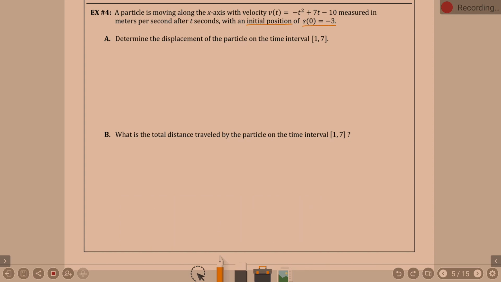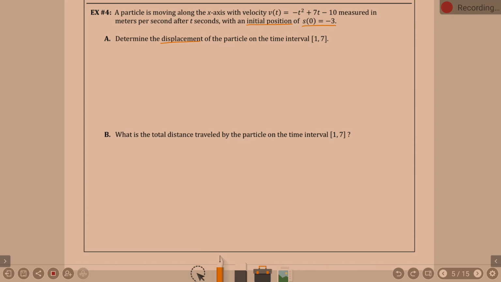That's going to be key. Determine the displacement of the particle on the time interval 1 to 7.